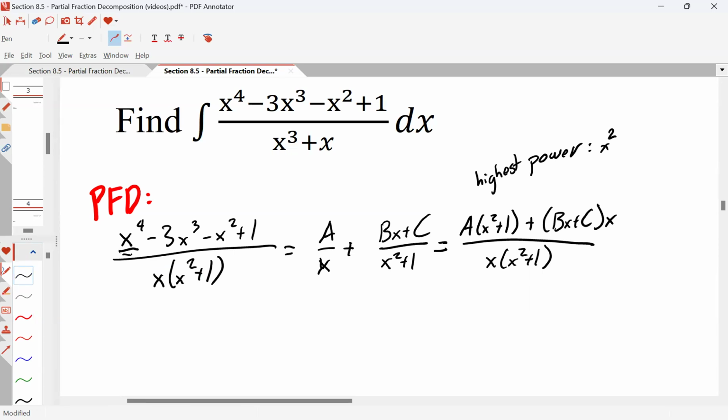So what this actually means for us is we need to do a step before the partial fraction decomposition. And that step is long division.